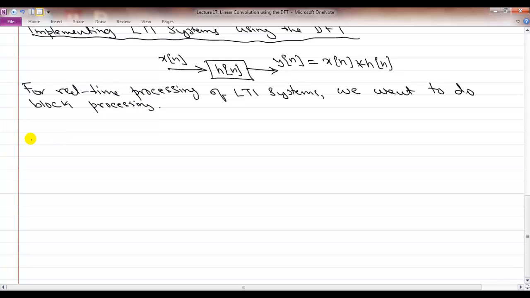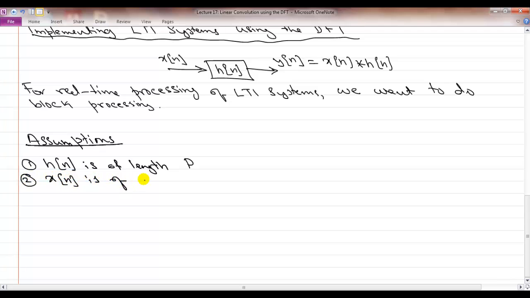So the main assumption we are going to make in this block processing is we'll say that our h[n] is of length P, and our x[n] is of some length that is much, much bigger than P. It could be an infinite length signal. Of course, in reality, that won't happen, but we don't care what length it is, just that it is much bigger than the length of the filter that you are going to use.